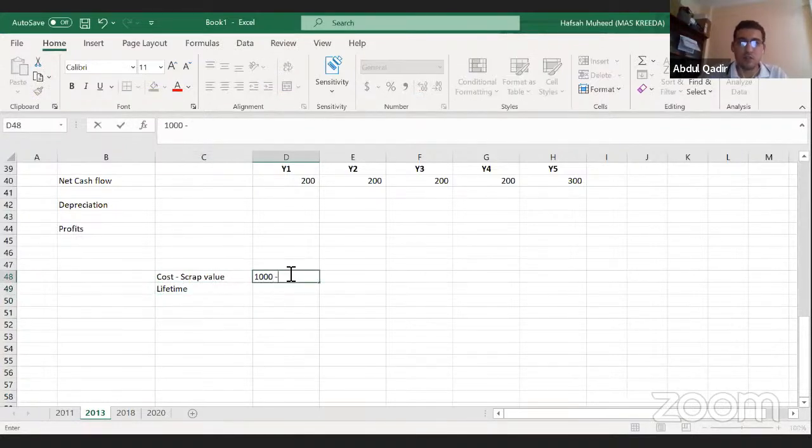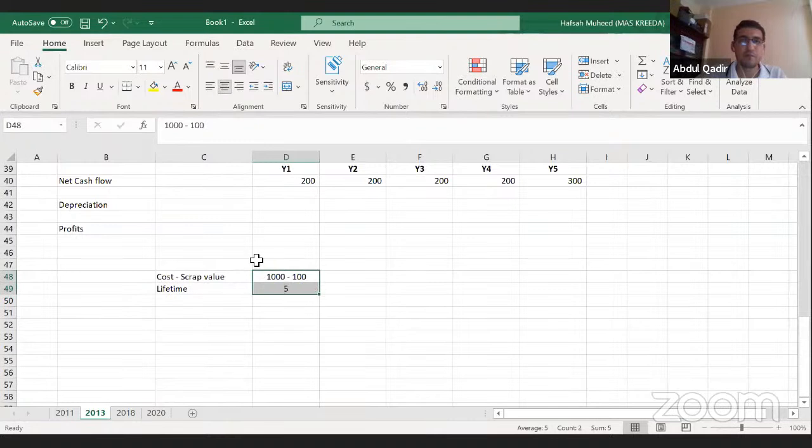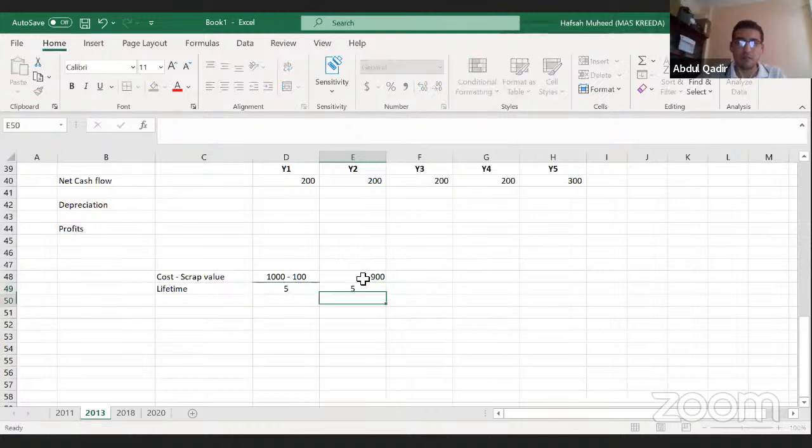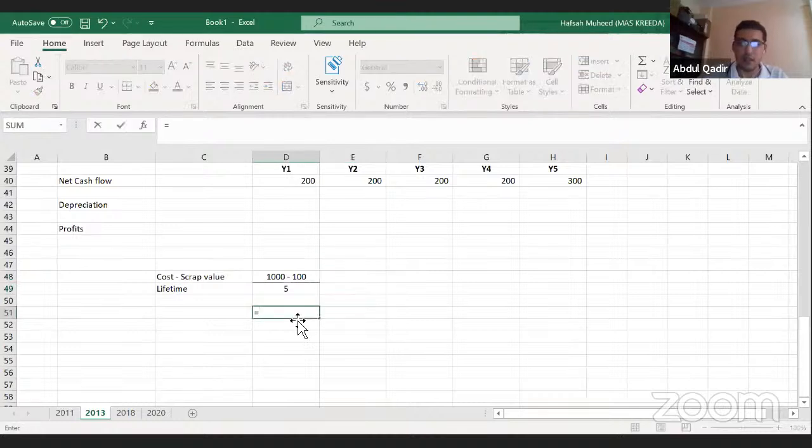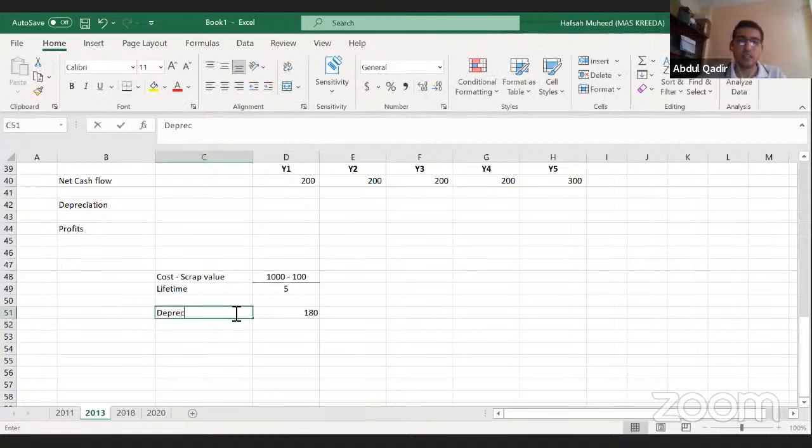So your cost is 1,000 minus 100 divided by 5. 1,000 minus 100 is 900. You divide it by 5. Your depreciation is 180 per year.